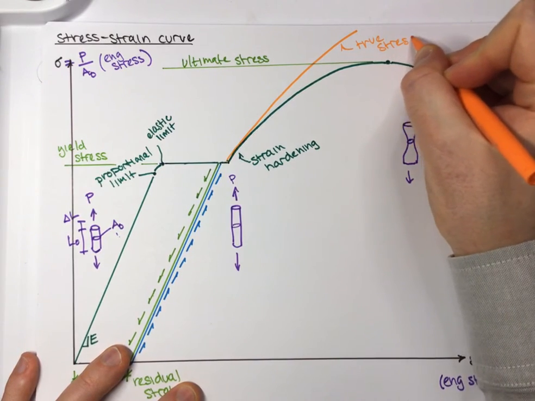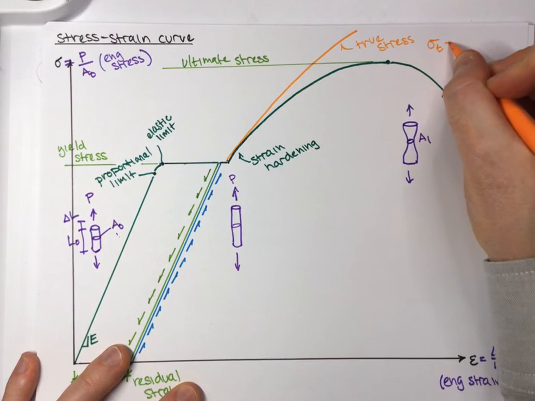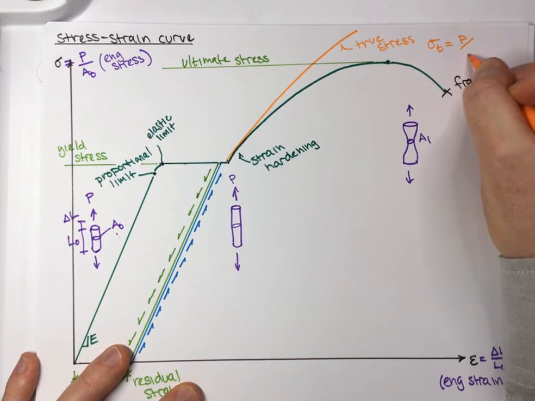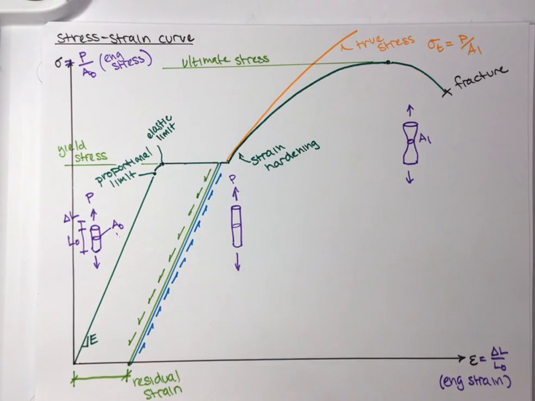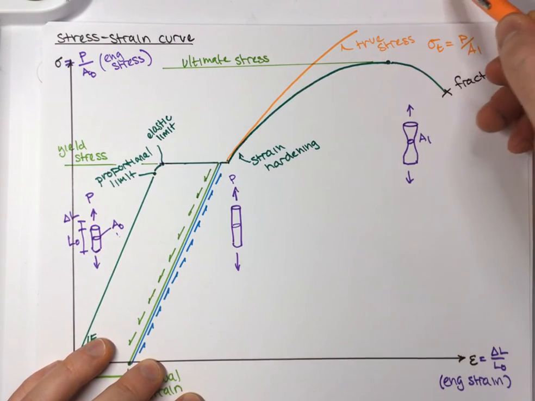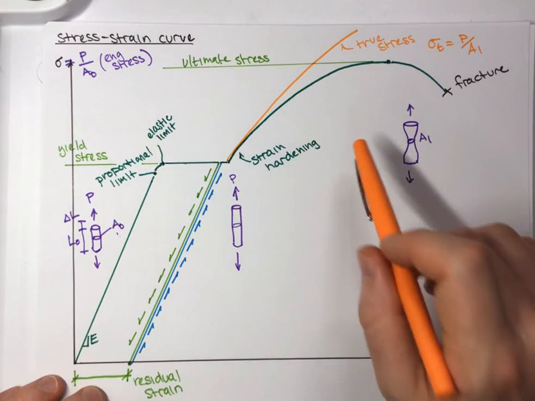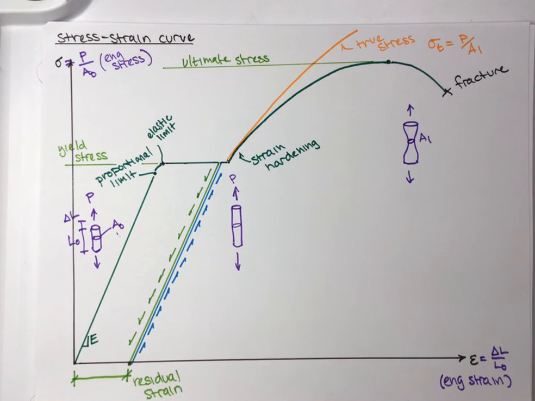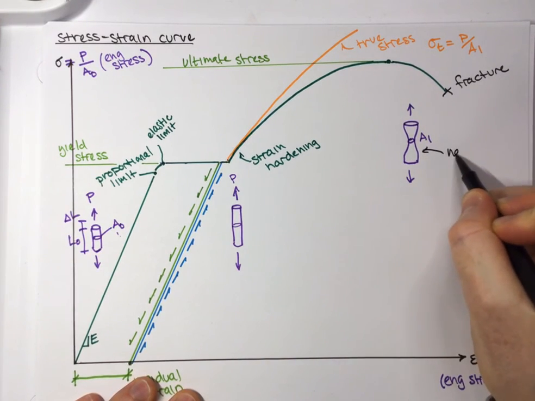What we mean by true stress is the load divided by the current area, A1. And so in that case, the fracture will occur at the peak of our true stress, true strain diagram. I should write necking here. This is going to be the idea of necking.